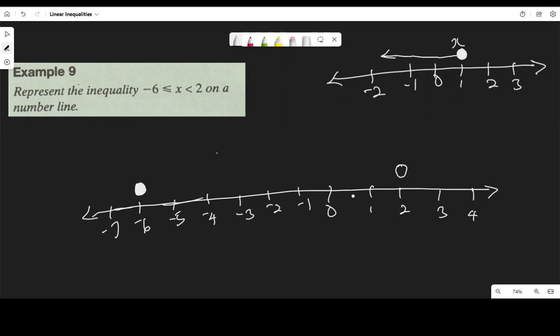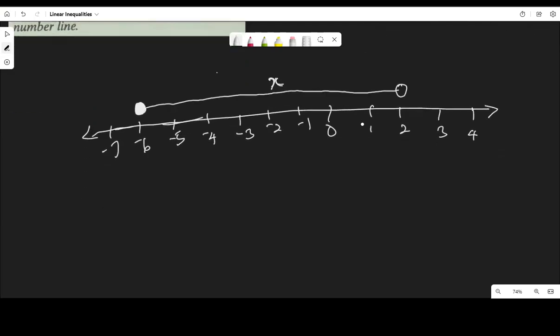But here we will not paint it because 2 is not inclusive, because x is less than 2. We will draw a line to connect these two points. That is the representation of this inequality on a number line: negative 6 is less than or equal to x, and x is less than 2.